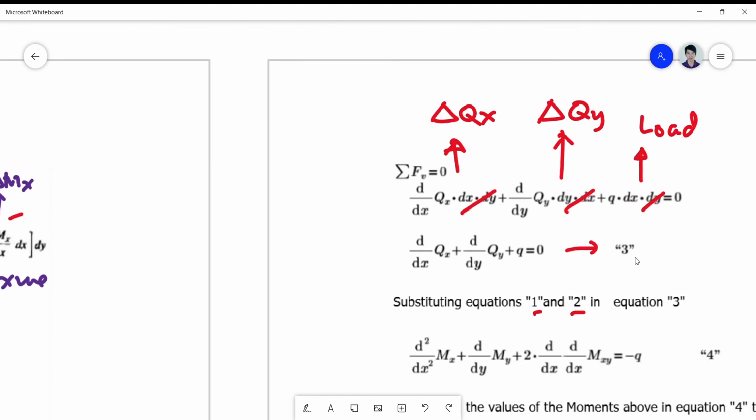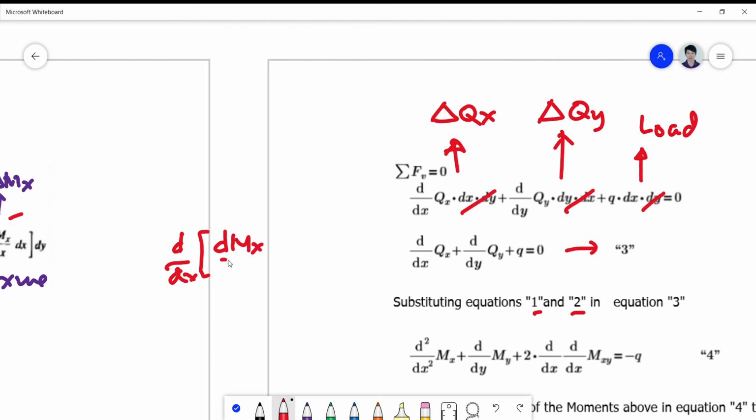So you just plug it in here such that your d/dx becomes the derivative of mx with respect to x plus the derivative of myx with respect to y.